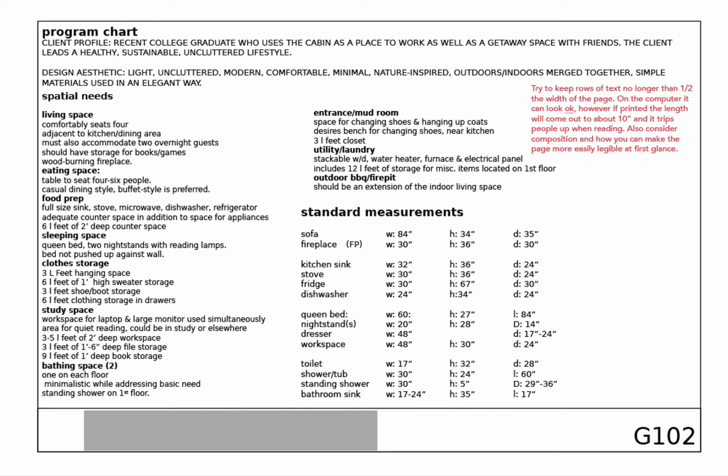I think you could highlight or separate spatial needs from standard measurements. Otherwise, I do find myself kind of searching for those subtitles to find what exactly I'm looking at. So any type of organization on this page, and it is fairly organized and there's a lot of data. So even more the importance of organizing all of these words.